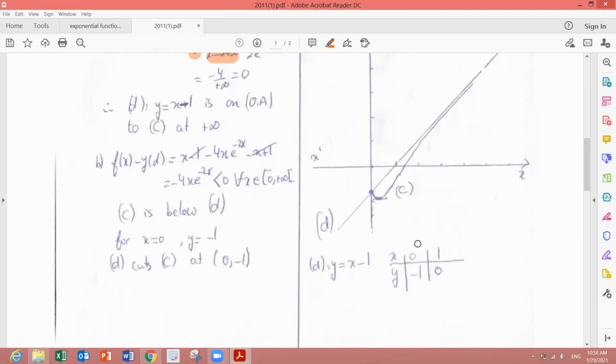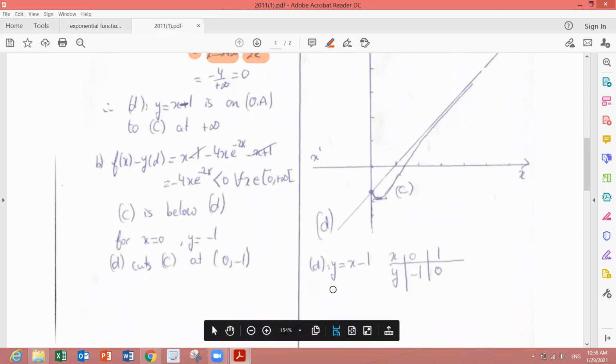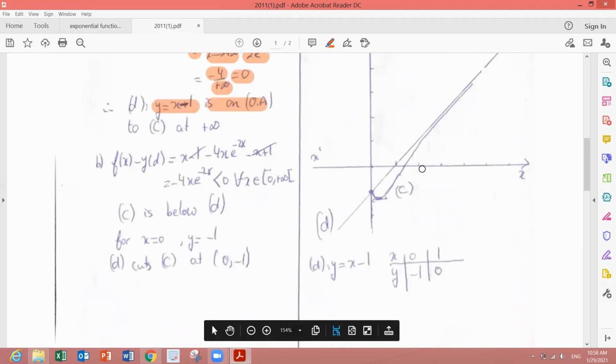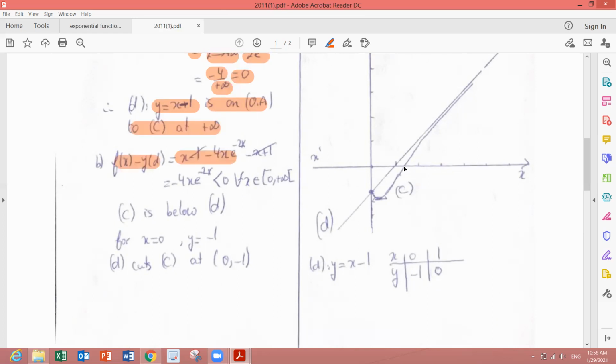From this graph, where the profit is positive. x equal 1.5? No, how did you get the 1.5? What is this value here?